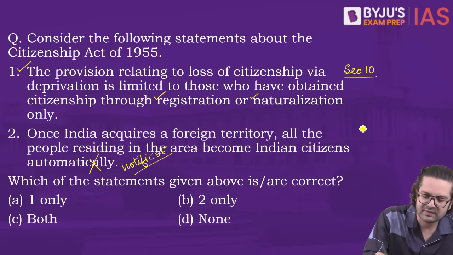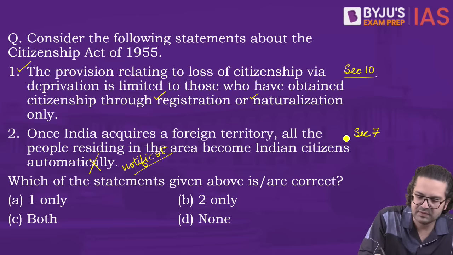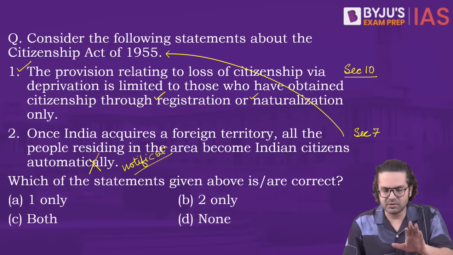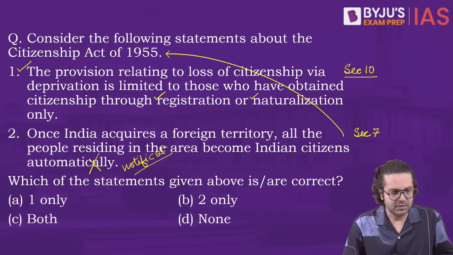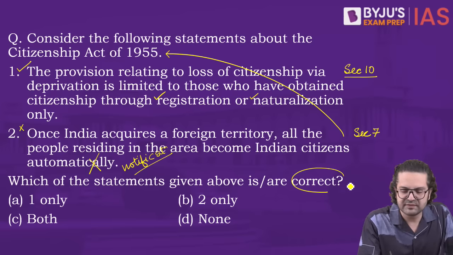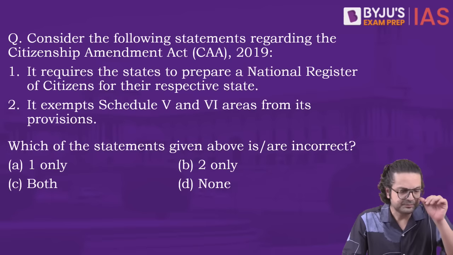This is nothing but section 7 of the same Citizenship Act of 1955. Section is not important, the information is important. So, of course, 2 becomes wrong. Which of the statements is correct? Right answer A, 1 only. Next question.